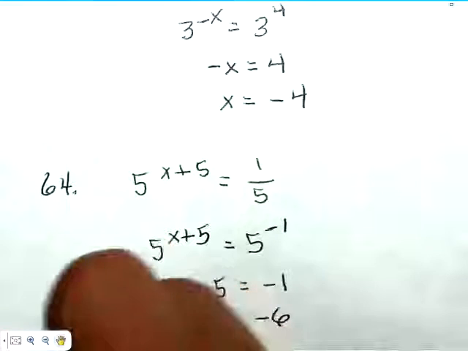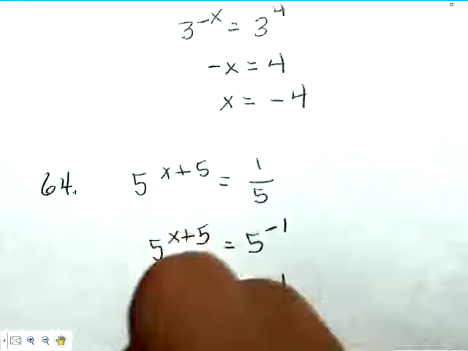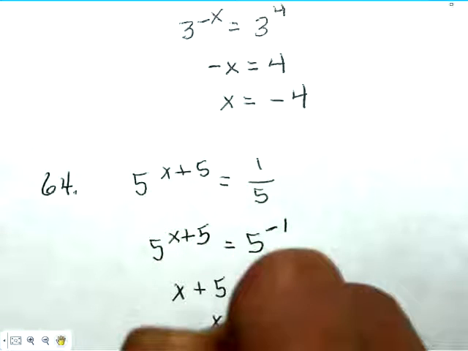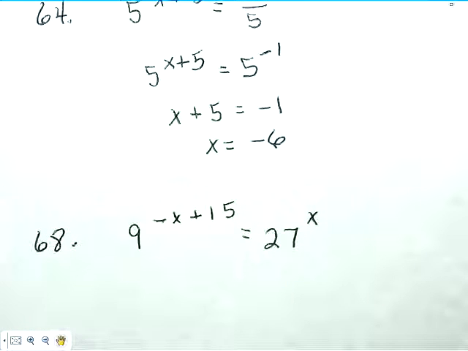All right, I'm going to try to do 3 more real fast. Number 68. It may take just a little bit of practice, but you'll learn to recognize that 9 and 27 are both powers of what? 3.